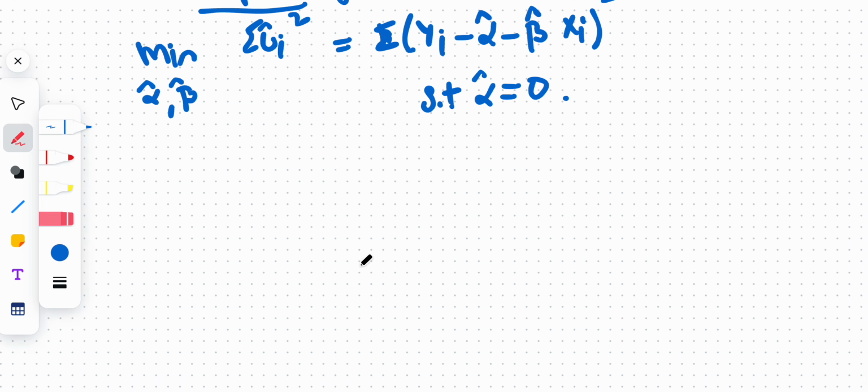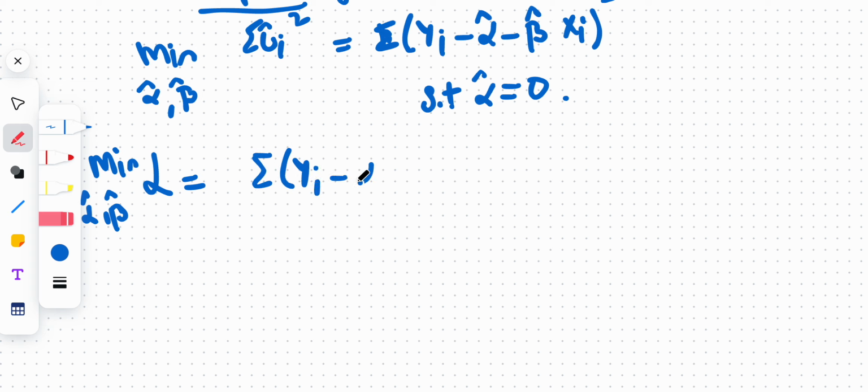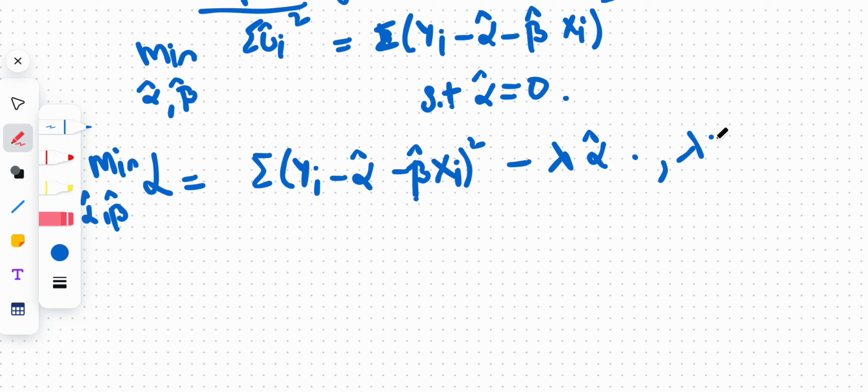Now I'll write my Lagrange. My Lagrange will be minimizing still over alpha and beta, summation yi minus alpha minus beta xi square minus lambda alpha. Now this is very important every time.